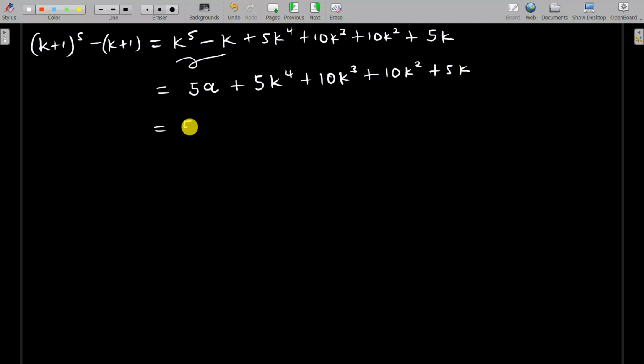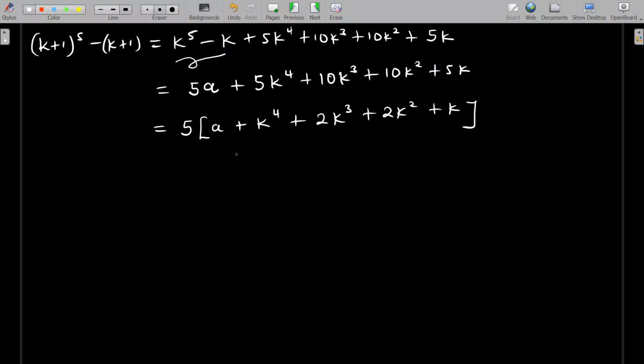The whole of this is going to give you 5 into a plus k to the fourth power plus 2k cubed plus 2k squared plus k.